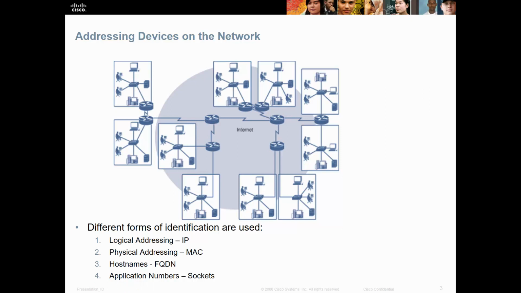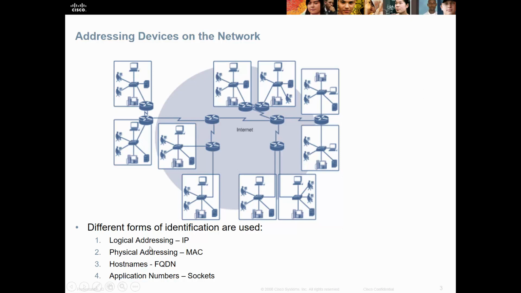Now, within the network, we need to have different identifications for devices, just like in the real world. In the real world, we have names, we have social security numbers, we have house addresses. So we have different forms of identification required to allow for reliable communication in the network. In this presentation, we're going to hit on 4 of the most important types of identifications that devices must be configured with.